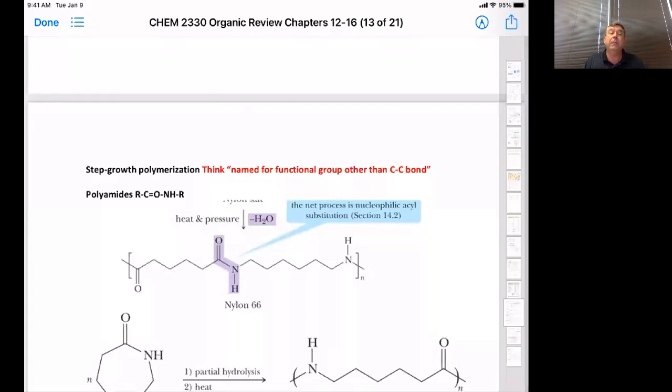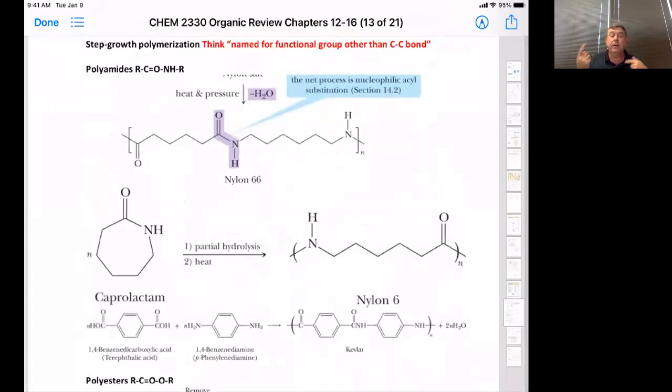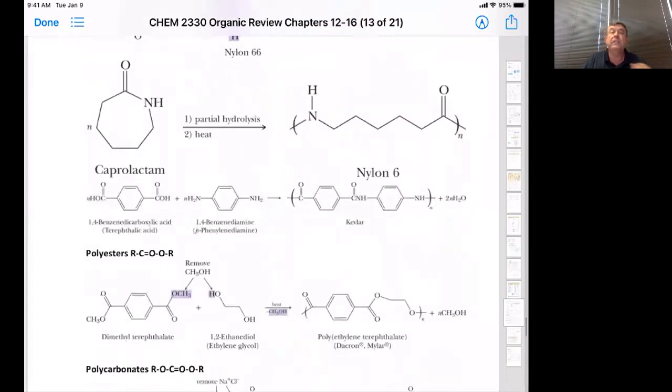They're typically made by having alternating two functional groups, and then they start building and building and building. One adds at a time. That's why we call it step growth. Okay, and we had amides that included nylon 6,6 and nylon 6, as well as Kevlar, which is the aromatic version of it.